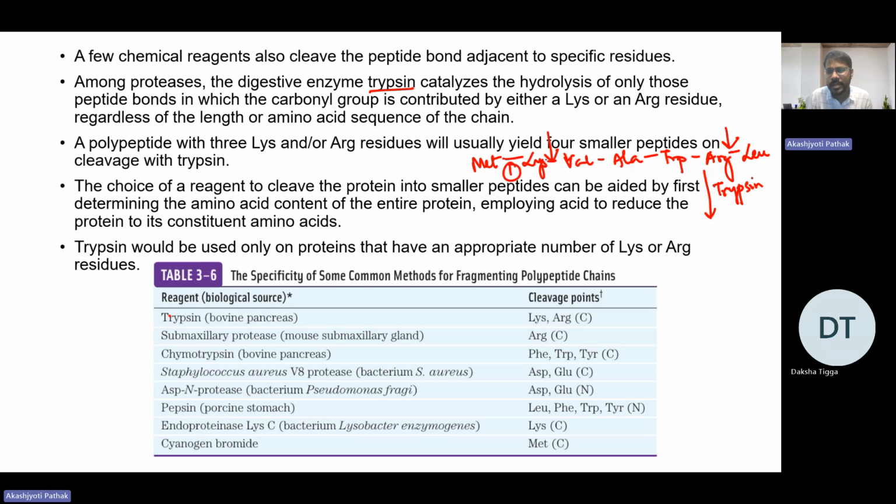You will get one fragment, two fragments, and certain peptide molecules will have the entire sequence: methionine, lysine, valine, alanine, tryptophan, arginine. You will have another fragment over here. In total you will have four different fragments. Is it clear?